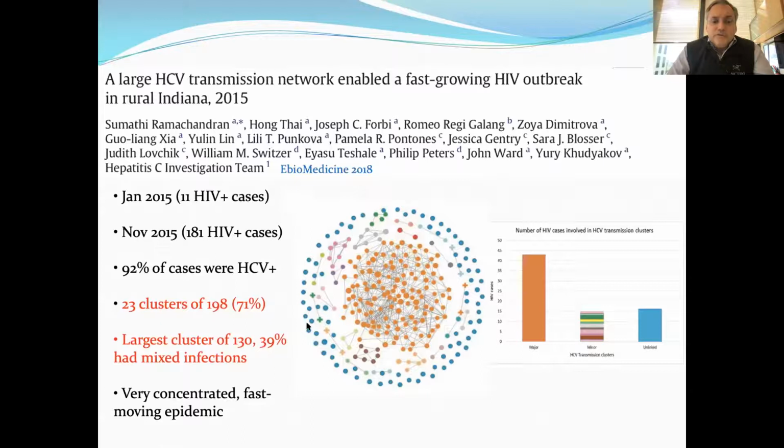And also that there was a large cluster of almost 200 individuals that accounted for about 70% of all the infections.